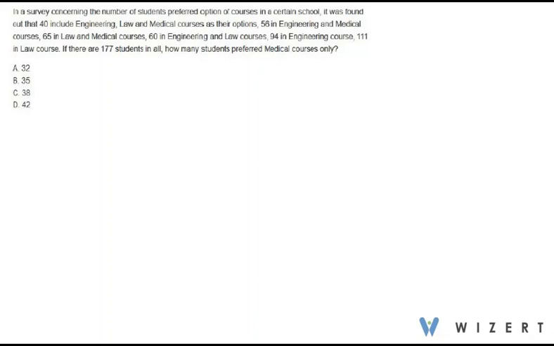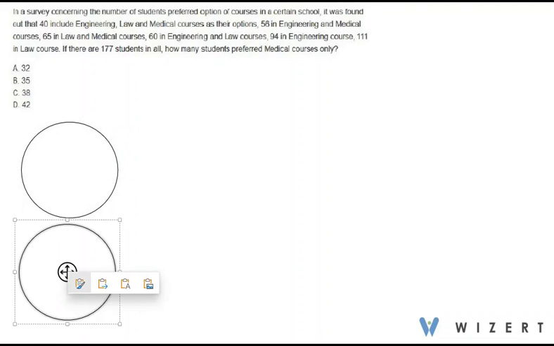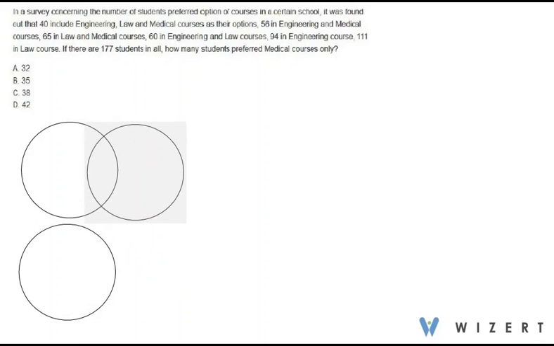Now, in order to be able to solve this question, let's try to put this given information in a Venn diagram. Let this be representation of number of students who prefer engineering. Let this be representation of number of students who prefer law.